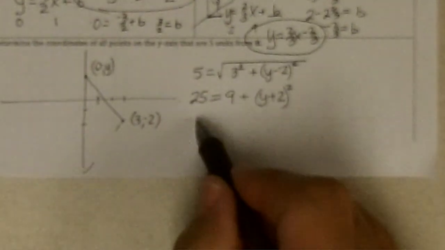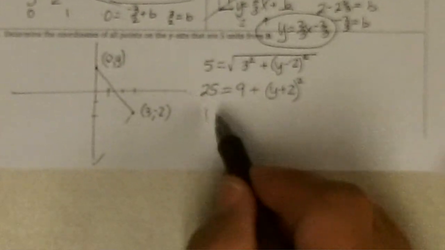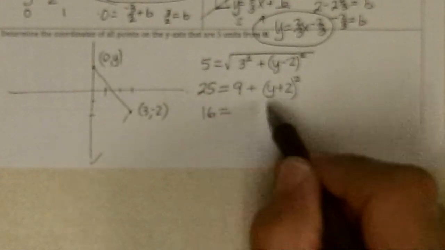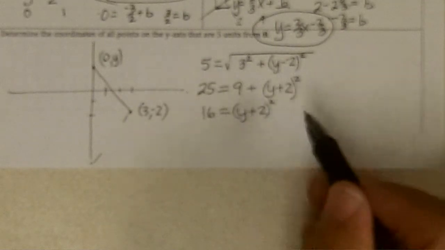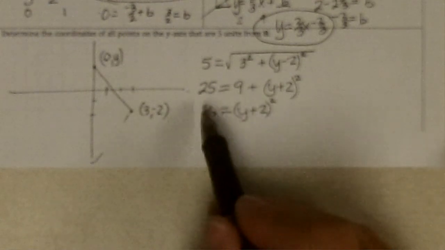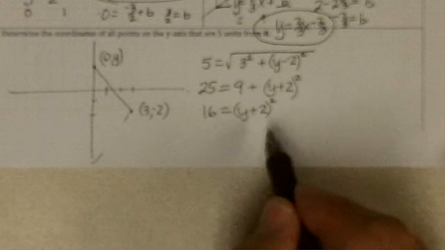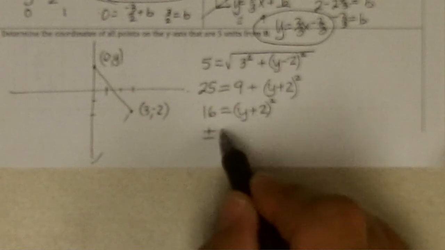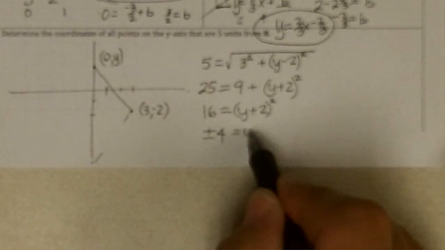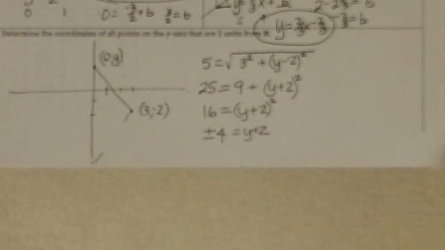Subtract 9 from both sides and I get 16 equals y plus 2 quantity squared. So now I can get rid of the square by taking the square root of both sides. The square root of 16 is, don't forget, when I take the square root, it's plus or minus 4, equals y plus 2.